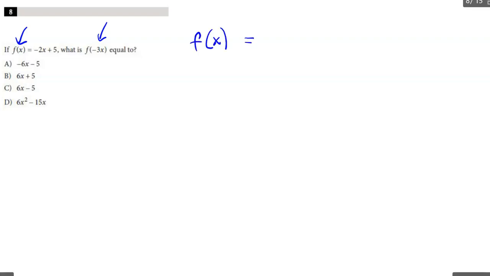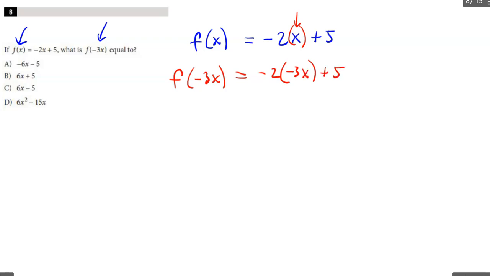If f of x equals -2x plus 5, well, then f of -3x is going to equal -2, and wherever I see this x up here, I'm just going to change the input, make sure I put parentheses around it. And then I just figure out what that is. So that comes out to be +6x plus 5. And that one is going to be, correct answer, B.